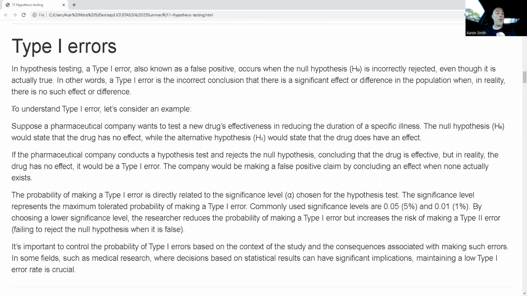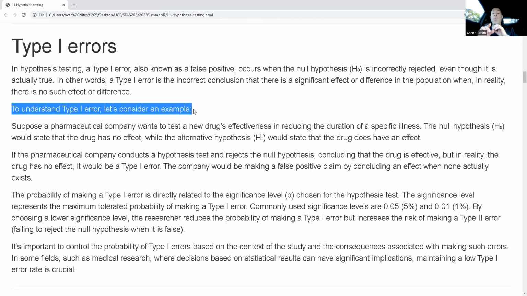Suppose a pharmaceutical company wants to test a new drug's effectiveness in reducing the duration of a specific illness. The null hypothesis would state that the drug has no effect, while the alternative hypothesis would say that the drug does have an effect. If the pharmaceutical company conducts a hypothesis test and rejects the null hypothesis, concluding that the drug is effective, but in reality it's not, they would have made a type 1 error.